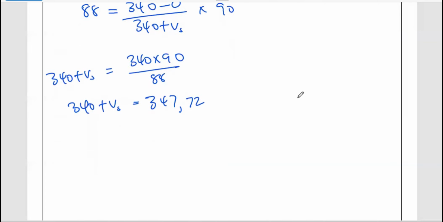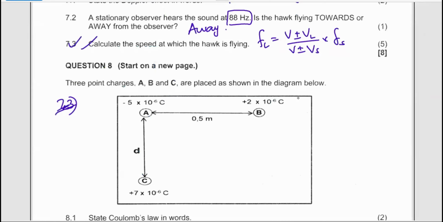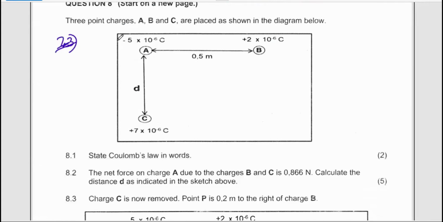So when I subtract 340, our V_s is 7.27, which is about 7.3 meters per second. So that is what we would have done with question number 7.